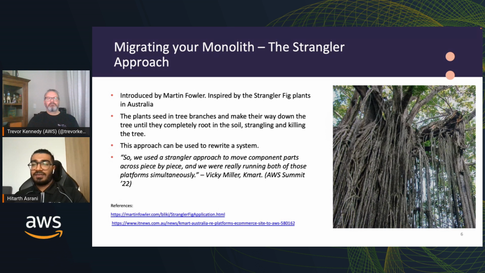If you read that small piece right there, it says they used the Strangler approach to move component parts piece by piece, and they're basically running two platforms simultaneously: the old monolith and the new parts of components of your platform, both running simultaneously.